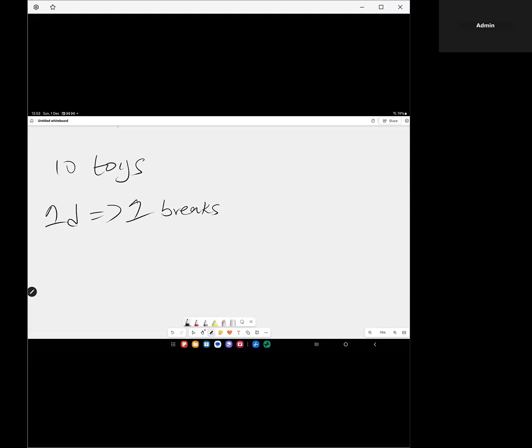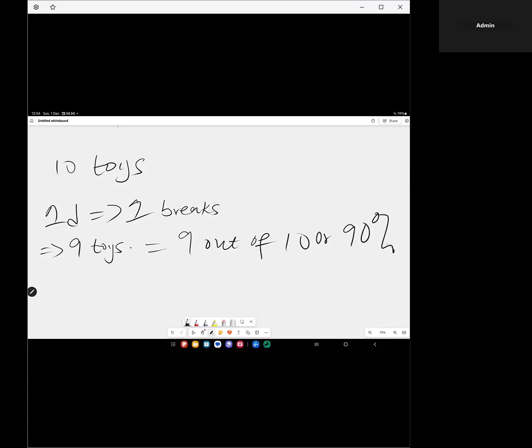So it means that we will be left with a total of 9 toys. That's what it means. So it also means that the chance of surviving one day is going to be 9 out of 10. Do you agree with me? Or we could say 90%.